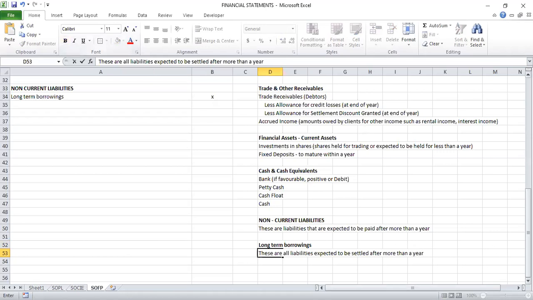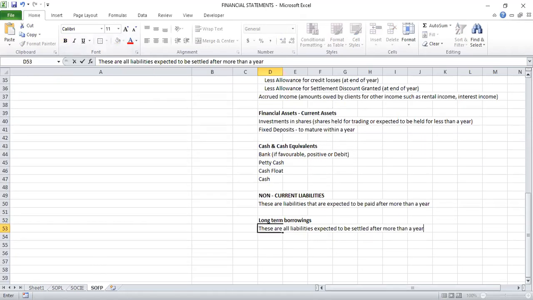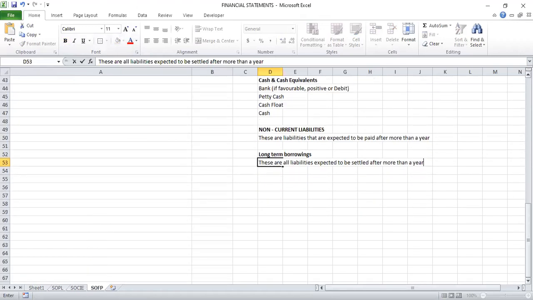So we expect to settle them after 12 months. Examples: mortgage, bond, long-term loans, bank loans.